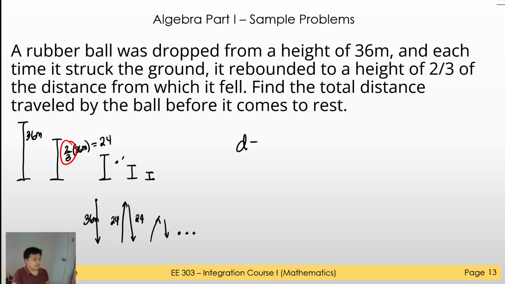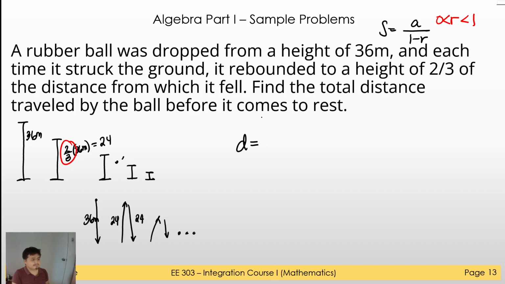So the total distance that we're trying to find is the infinite series. We know that the sum is equal to a over 1 minus r, right? When r is less than 1, or greater than 0, we can solve for this.